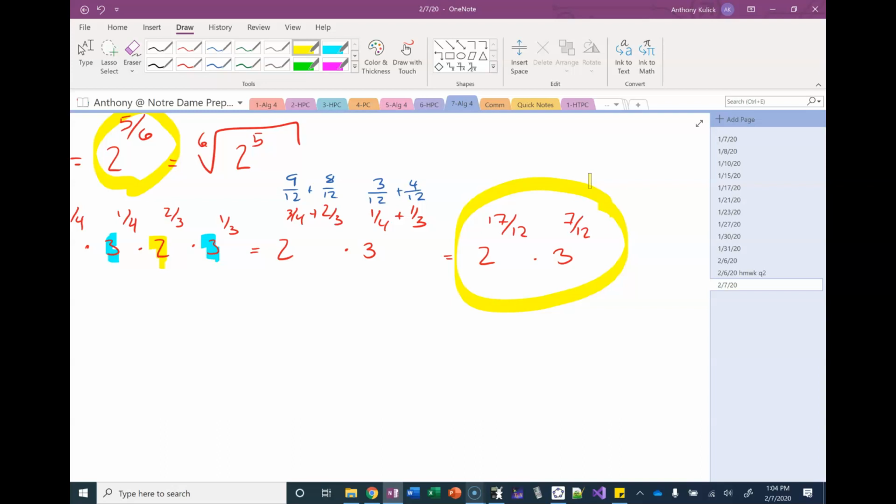There's one kind of fundamental difference here. Well, the two-number part is fine. That is a very big difference, but that's fine. The part that's not fine is that I have an improper fraction here.